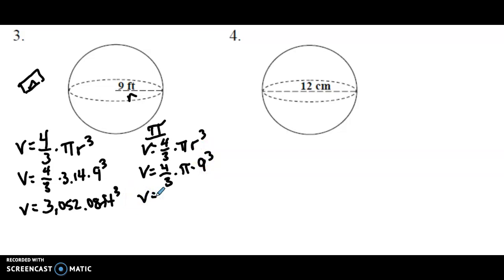And again, when you're doing something in terms of pi, you're going to multiply just the numbers, so multiply 4/3 times 9, hit that caret key, and 3, and when you multiply that, you should get 972 pi feet cubed. Just like the surface area, on your worksheet today you're going to be doing both of those.